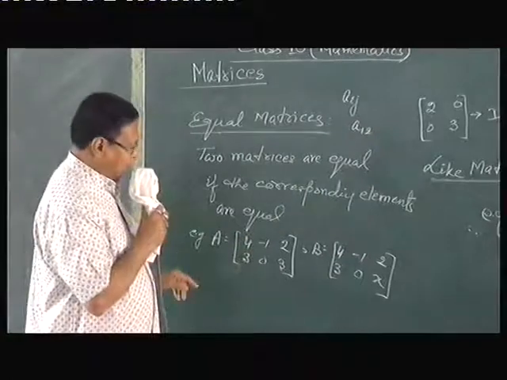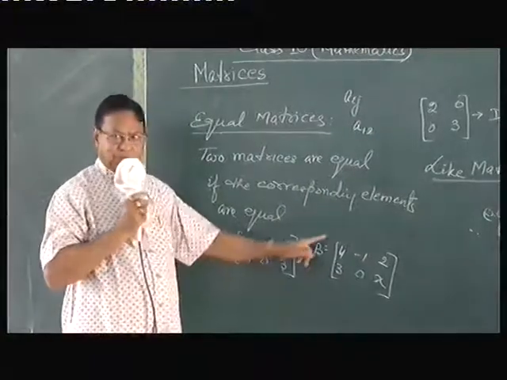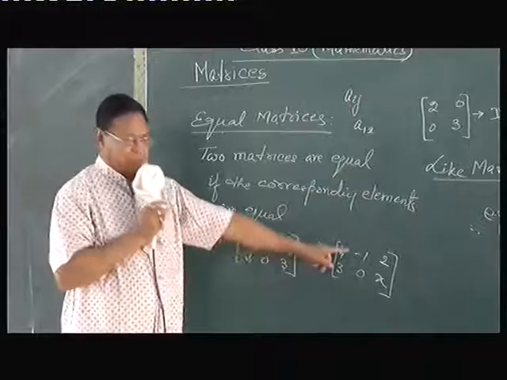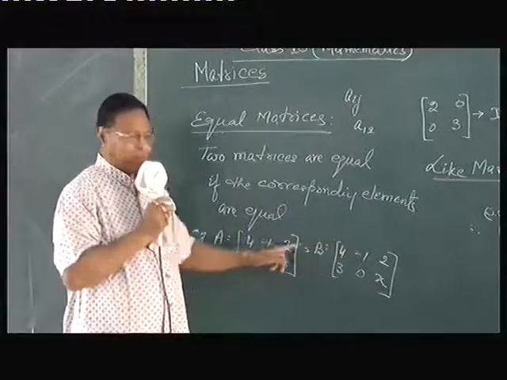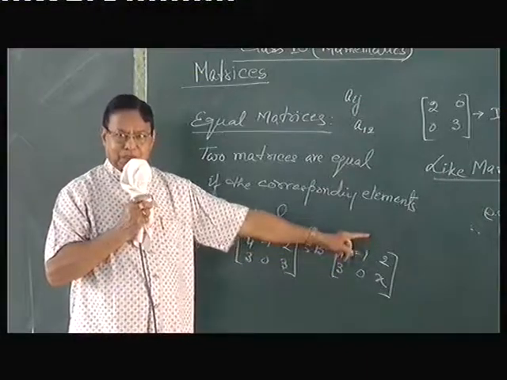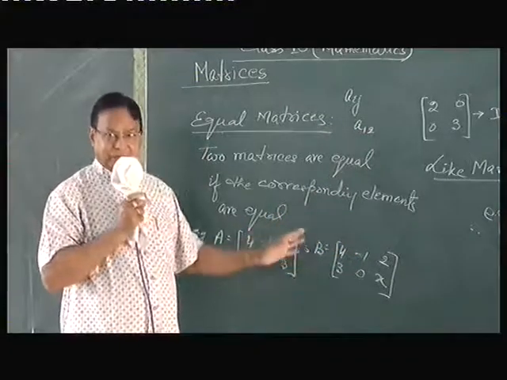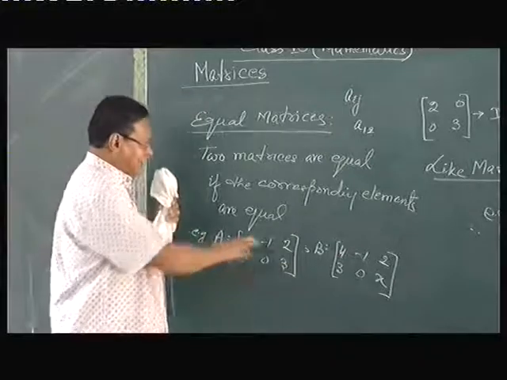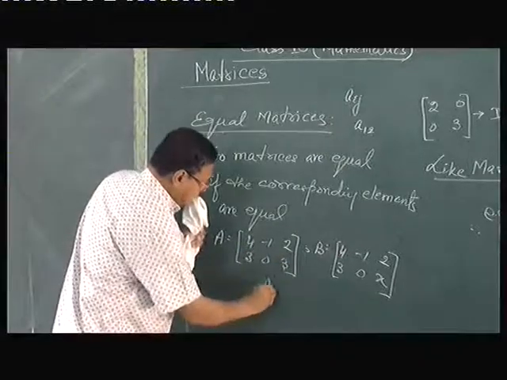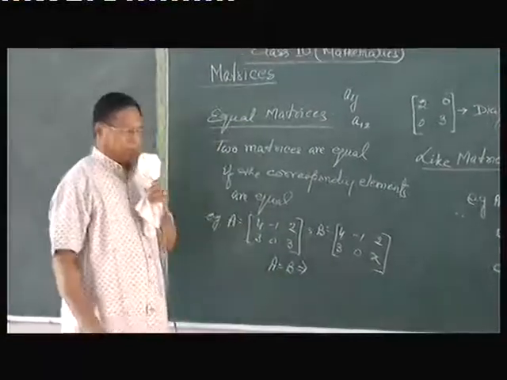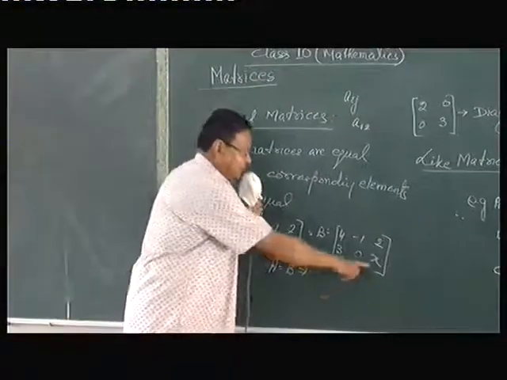What you have to look for? 4, both are in the same place. -1, same place. 2, right? So if the corresponding elements are equal, then the matrices are equal. Okay? So if this is the matrix, A is equal to B, I have not put the value here, I have written x.